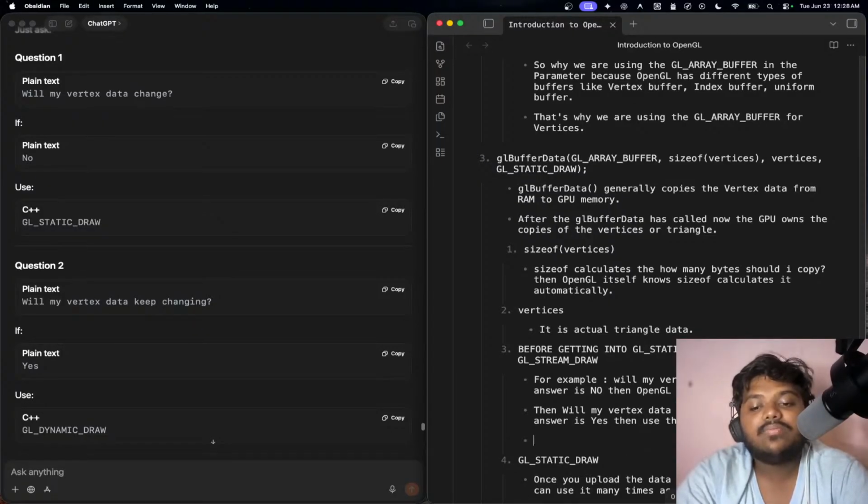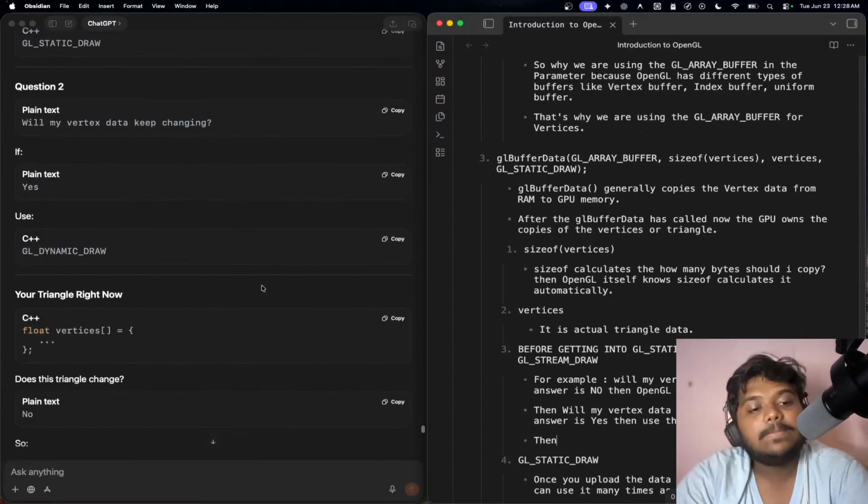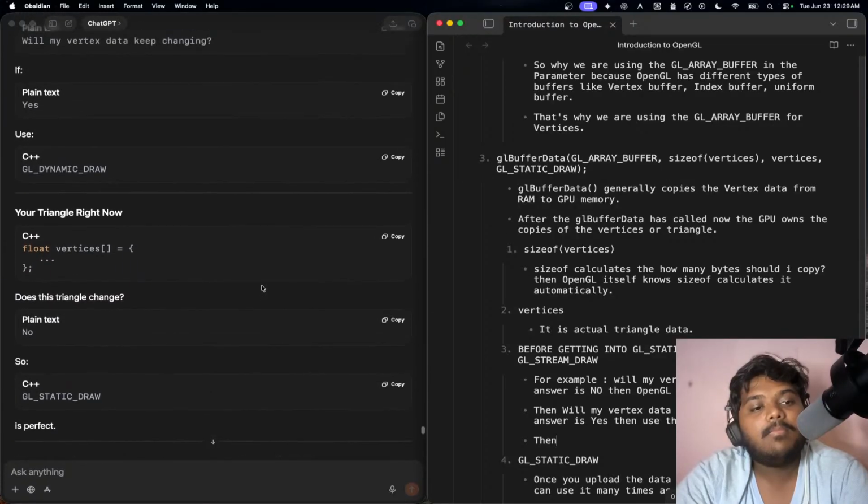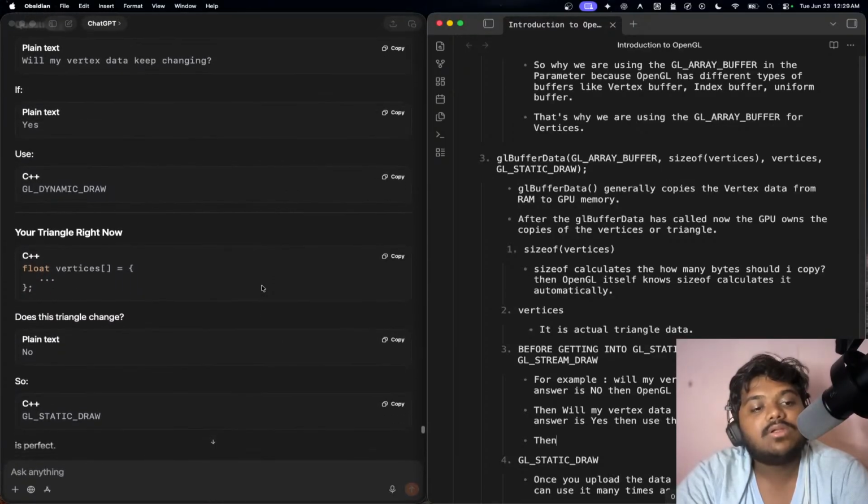So if your triangle is right now, and does this triangle change?